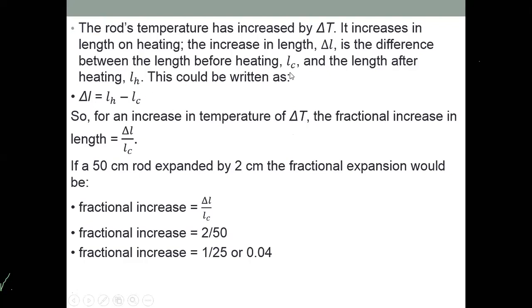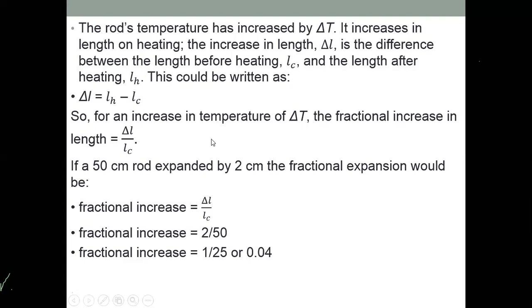LC stands for the length of the object before heating, and LH stands for the length of the object after heating. Before heating the object you have LC, and after heating you have LH.